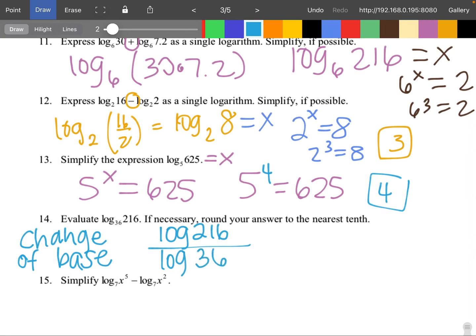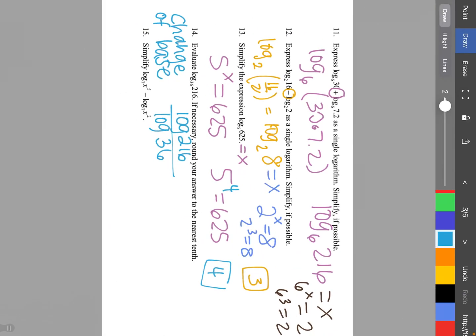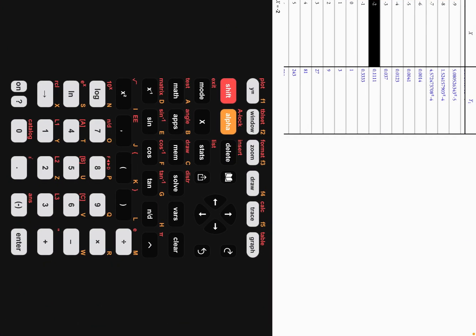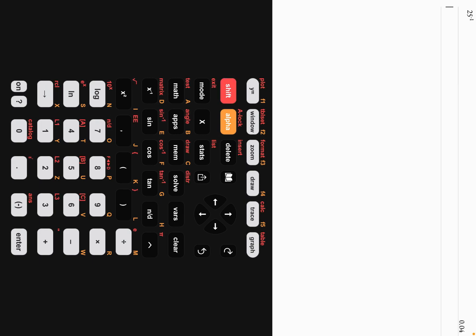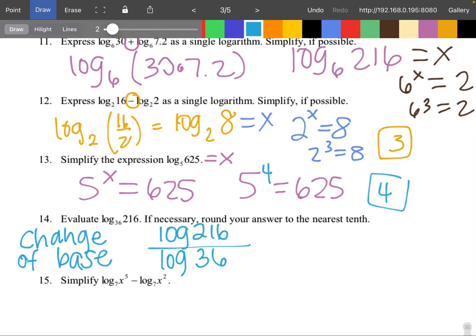So then in your calculator, you would do log 216 divided by log 36. And you get 1.5. So what that means is 36 raised to the 1.5 power equals 216.